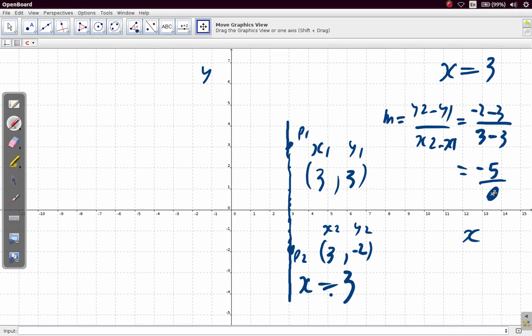But we looked at this in a different topic and saw that a number divided by 0 is meaningless. It is undefined. You cannot define that value. So you can say the gradient is undefined. You can think of this as having infinite gradient.